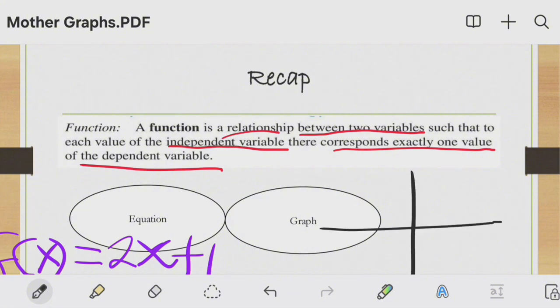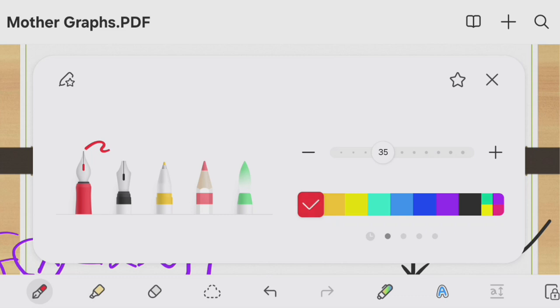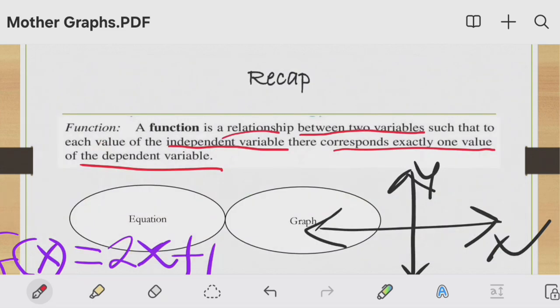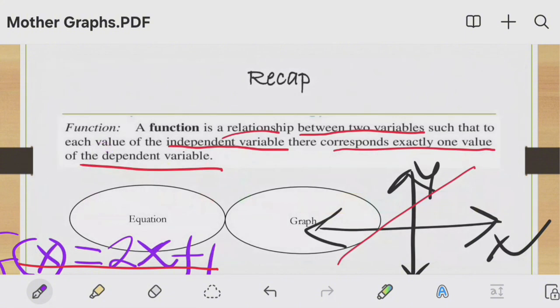For instance, if this is my Cartesian plane with the horizontal x-axis and the vertical y-axis, we can have something of this nature. So we've taken an equation such as f of x equals 2x, and we've represented it that way to show how it may look graphically. Here is our interest. There is one x value, there is one y value.